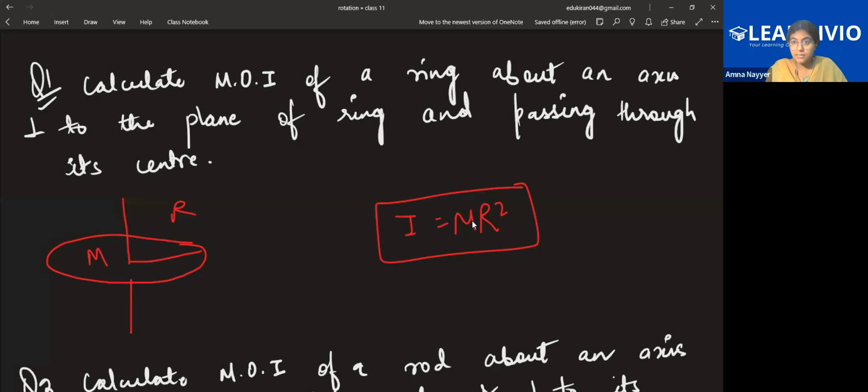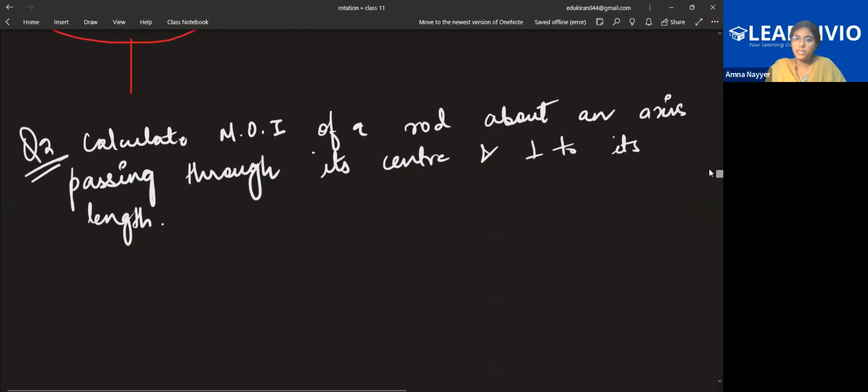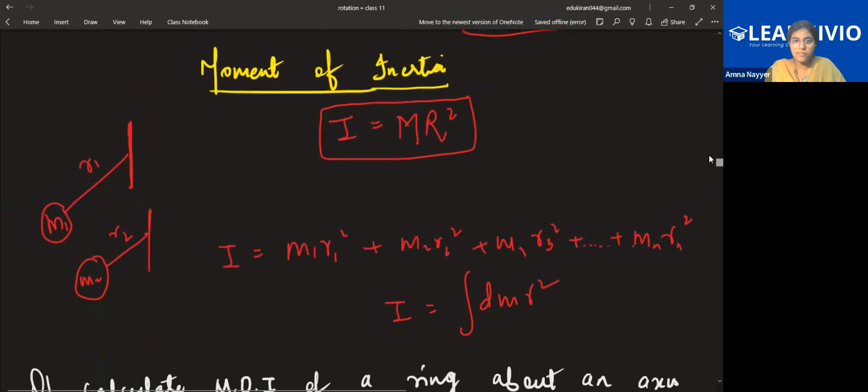Simply the formula for a ring, when the axis is perpendicular and passing through its center, is mr square. Not in any other case. There can be other cases also which are possible. Okay. Rod, this is a big derivation that we have to do. You write down this portion.